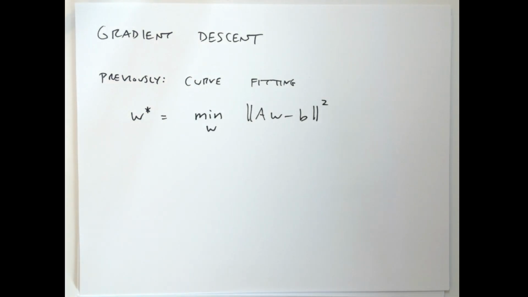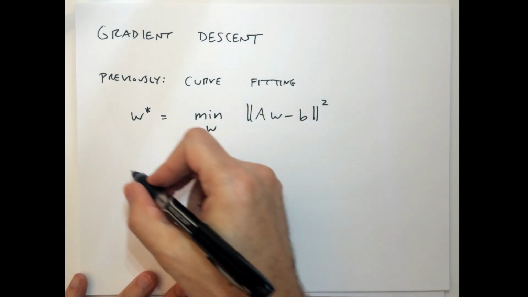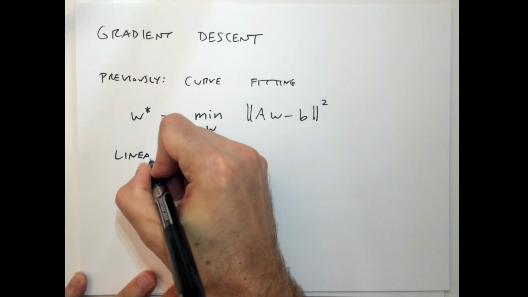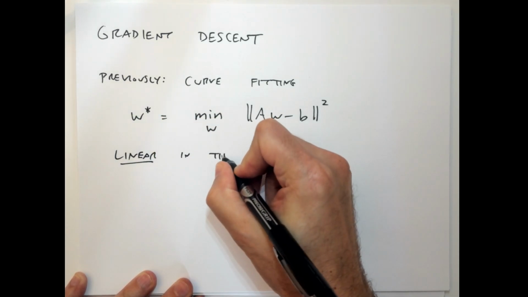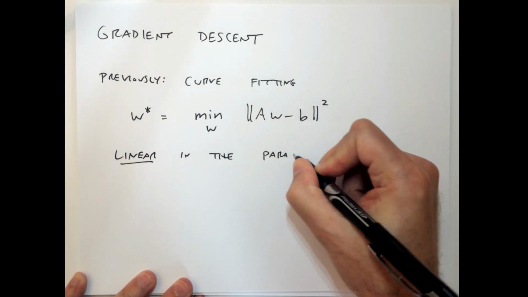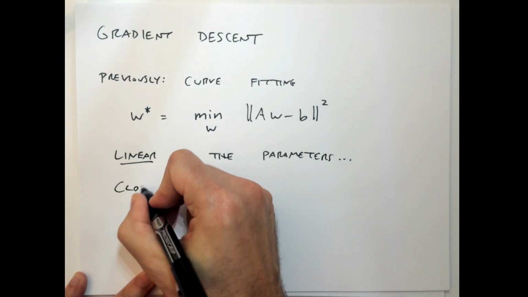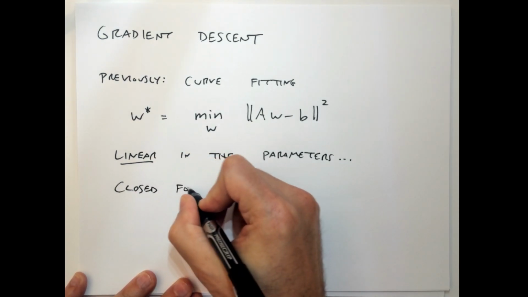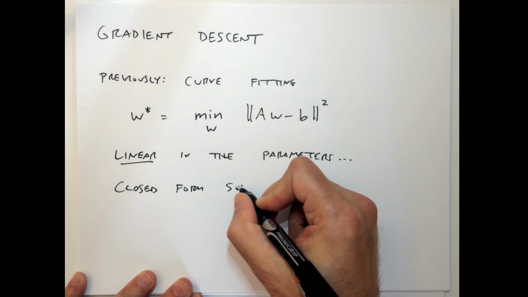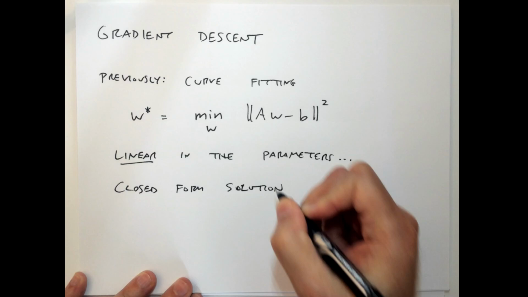This is like saying I had a matrix A, I had my vector B, and I had my vector W, and I wanted to find the best W that satisfied this least squares equation, right? Now this is what's called a problem that is linear in the parameters of W. And hence that means that we had what was called a closed form solution, which we were able to write down, right?